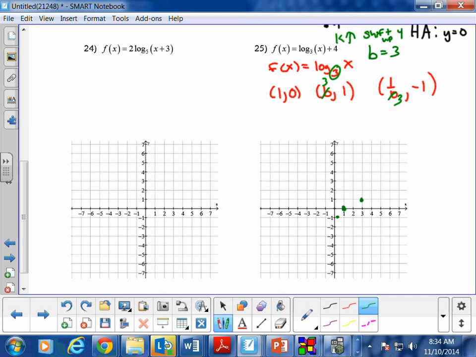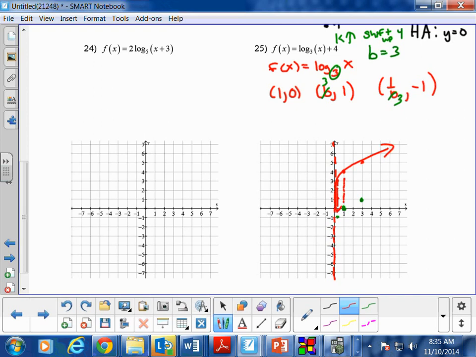So I will still have an asymptote at x equals 0. What's going to happen to each of my points? They're going to move up by 4. So 1, 2, 3, 4. Move this one up by 4, right there, and this one up by 4 as well, which is there. So I'll have a function that looks like that, coming out that way.